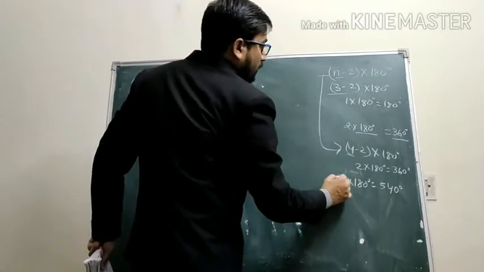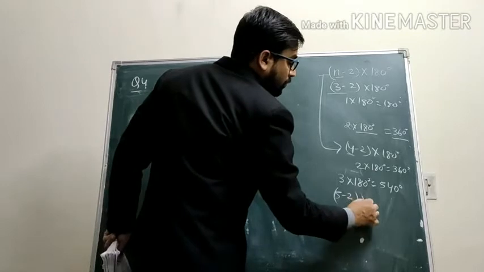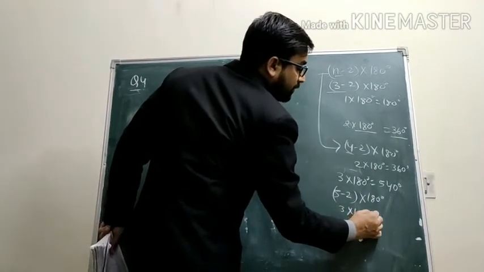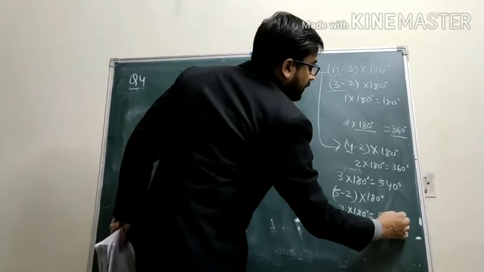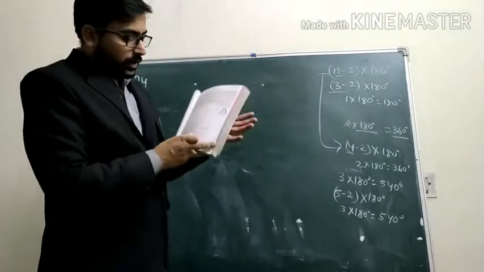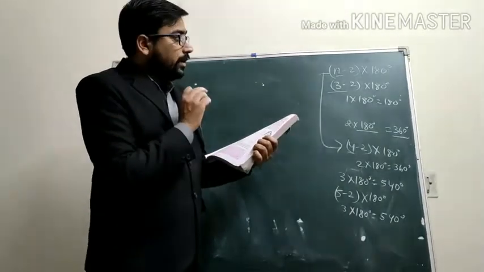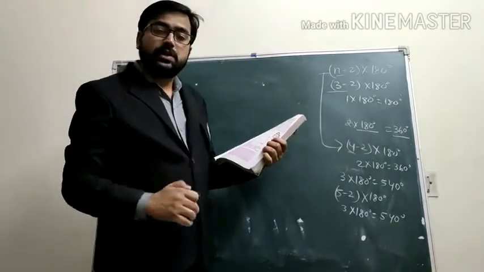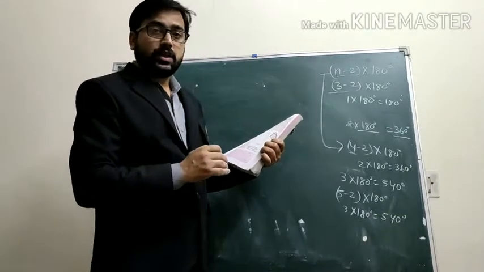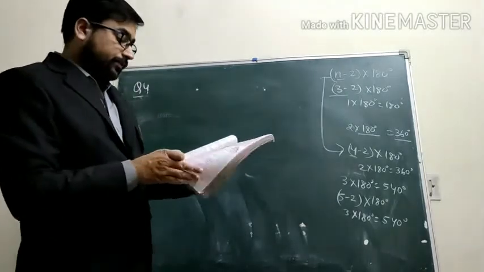This also comes from the formula: 5 minus 2 into 180 degrees, that is 3 into 180 gives 540 degrees. So from this table, the formula n minus 2 into 180 degrees gives the sum of interior angles of an n-sided polygon.